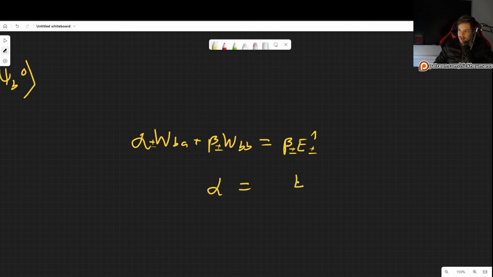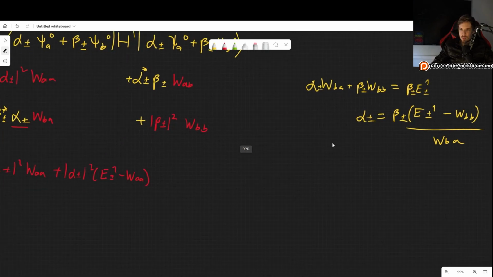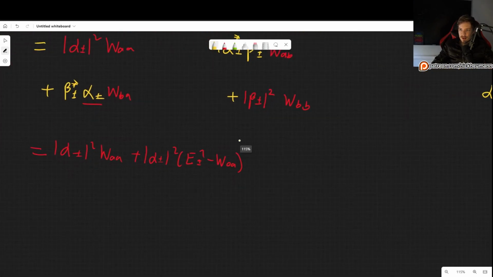So alpha is E plus or minus 1 minus WBB times beta plus or minus, and all of this is divided by WBA. So this is what we will now plug in here. So that is why we had to be a bit careful, but it's nothing too bad.